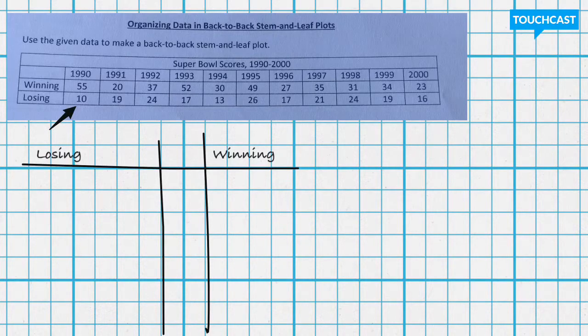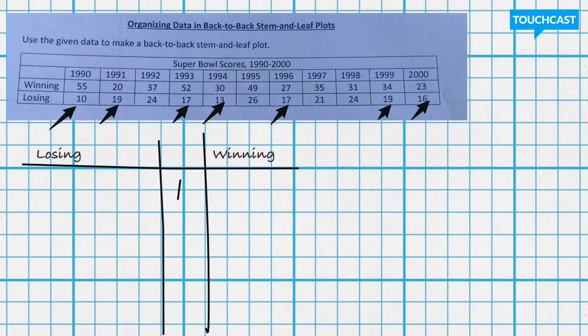Now let's find all the scores that are between 10 and 19. So we've got 10, we've got 19, 17, 13, 17, 19, and 16. So we're going to first start by putting a 1 in our stem.